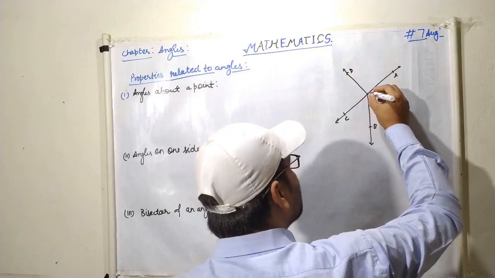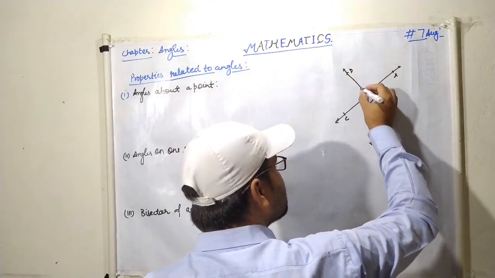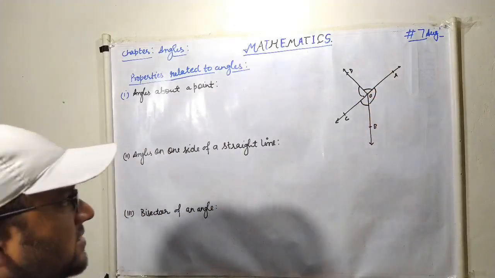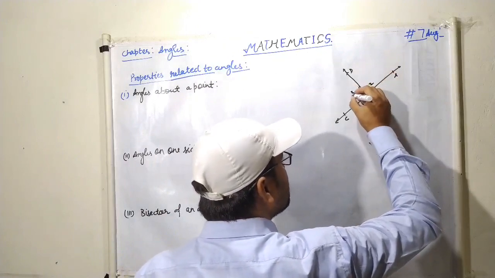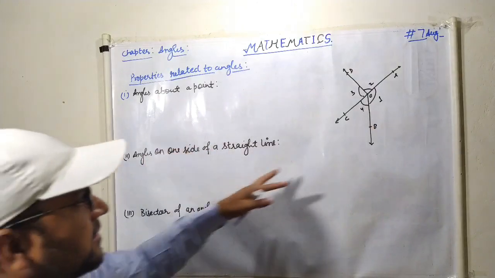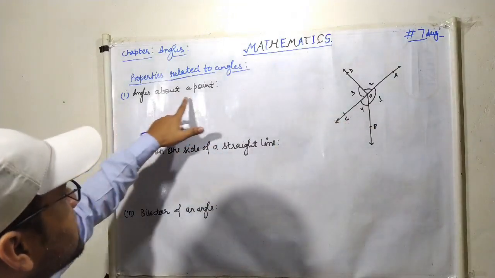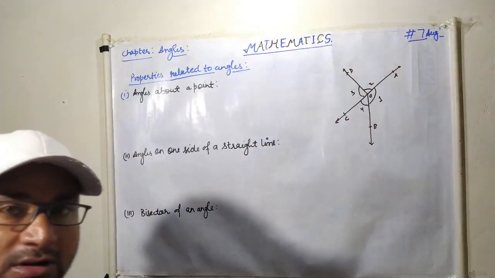Through this, it forms angles: this one, this, and this. So sum of all angles. There are 4 angles. This is angle 1, 2, 3, and this one is 4. If more than 4, it is not a problem. So angles about a point, sum of all angles is equivalent to 360.